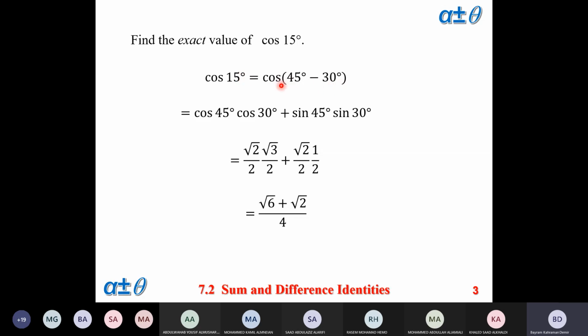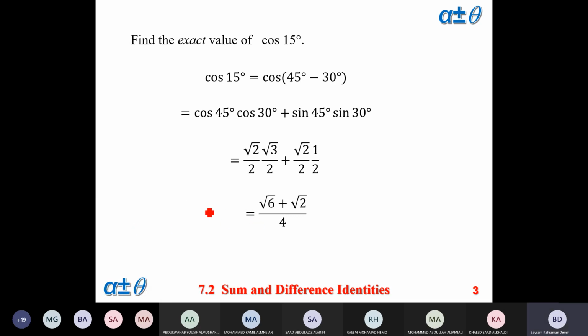Then I can use the cosine of the difference formula: cosine 45, cosine 30 plus sine 45, sine 30. Since we know all these values, these are the famous angles, when you put all the values in the proper places, you will get the answer as root 6 plus root 2 divided by 4, which is the cosine of 15 degrees.